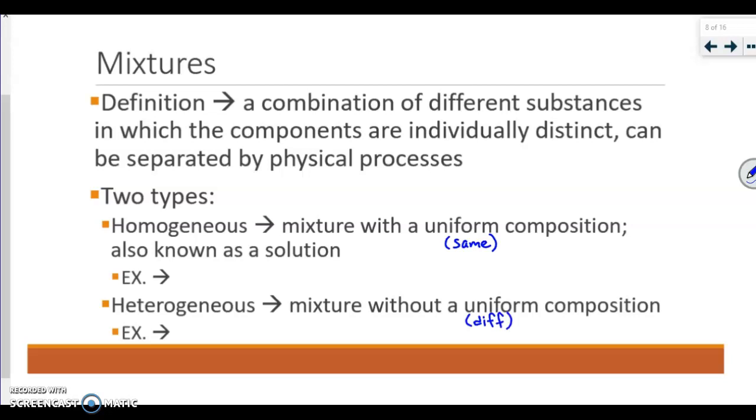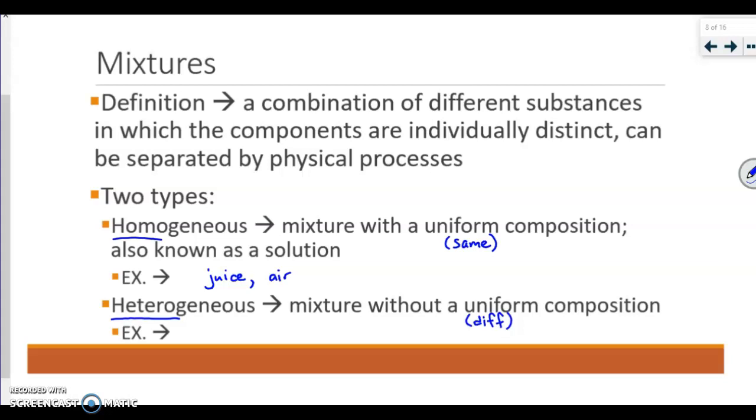Easiest way really to remember these 2 types of mixtures is to look at their prefix. Homo means same, and hetero means different. An example of a homogeneous mixture would be something like juice, or even the air we breathe, right? Because there's lots of different gases in the air, and we can't see them.